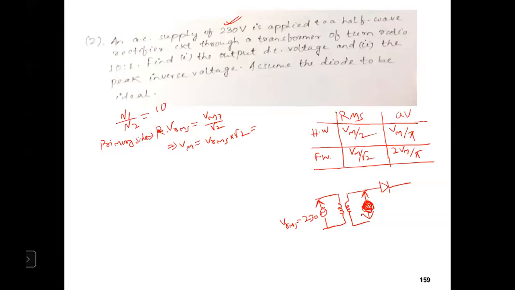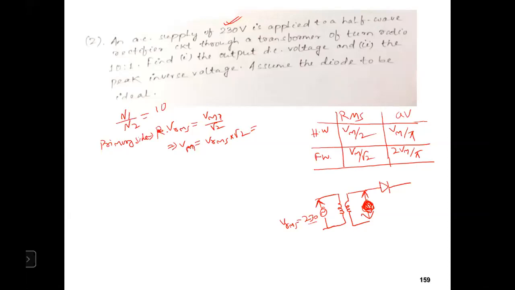Getting it or not? Look at here the question. AC supply 230 volt is applied to the half wave rectifier circuit through a transformer of ratio 10:1. So in the input side, the primary side of the transformer, I am giving 230 volt, which is RMS. So in the input side how much is the Vmax, that I will find out using this formula.